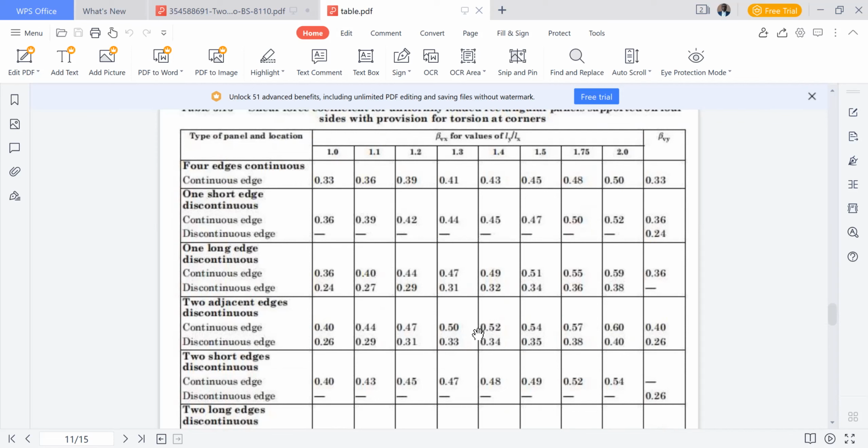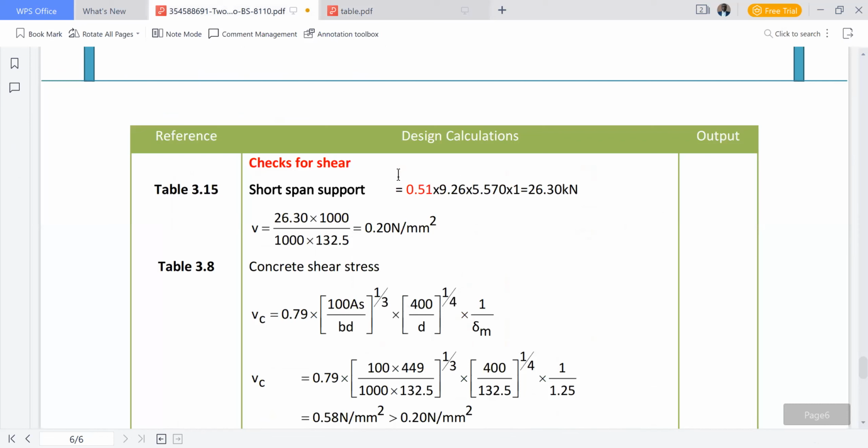As we did for the moment, you find that 1.3 is 0.5 and 1.4 is 0.52. What about 1.34? Using interpolation, we find 1.34 will give us 0.51. So we multiply by the design load n times the span times 1 meter width to get the shear force in kilonewton.